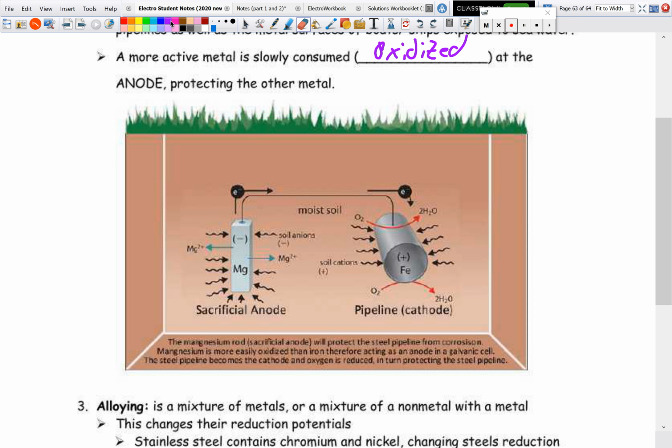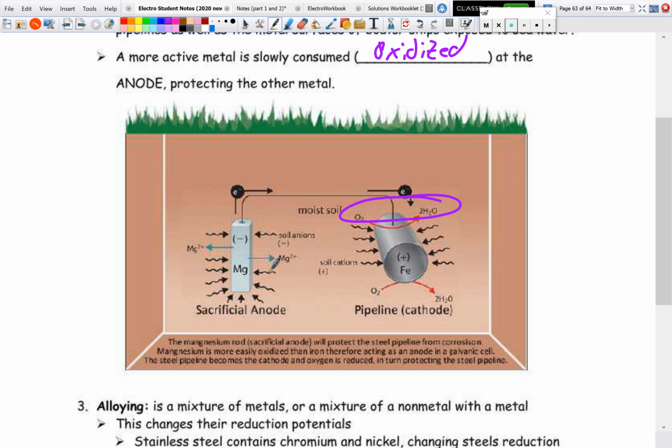So if you have, let's say, a big chunk of magnesium that is connected to this iron pipeline by an electrical wire, now as the oxygen and water get attracted to that iron, it undergoes its reduction half reaction. Instead of iron supplying the electrons, the electrons are going to flow from magnesium, go over here, and react with that.